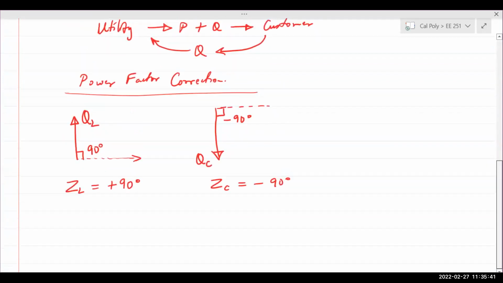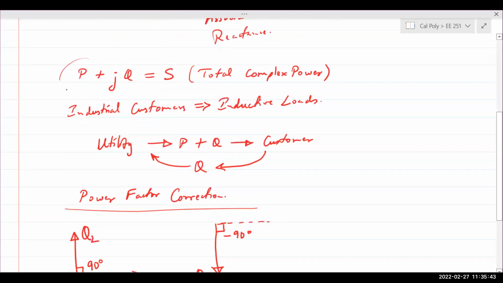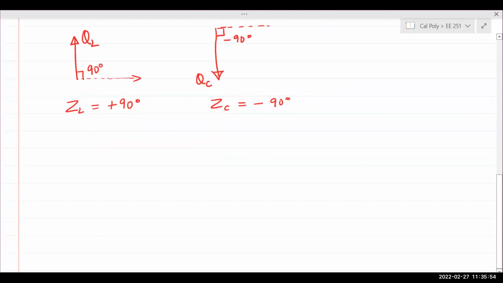Okay. So we talked about total complex power S is equal to P plus jQ. These are rectangular coordinates, right? So if you plot this on the complex plane, P would not have any phase, and so it's lying on the x-axis. Q_L is lying at plus 90.